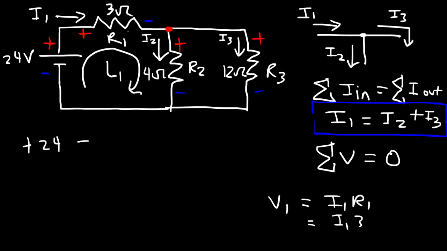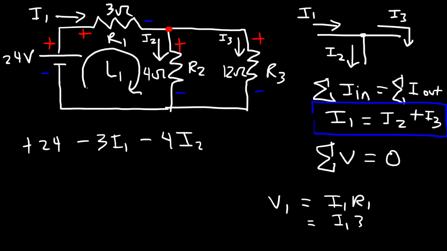So then this voltage drop is simply the current times 3 ohms, which we can write as 3I1. Now, as we follow the direction of the loop, we're going through R2 towards a low potential. So that's going to be another voltage drop. And so that's going to be minus I2 times the resistance of 4. So we could say 4I2.